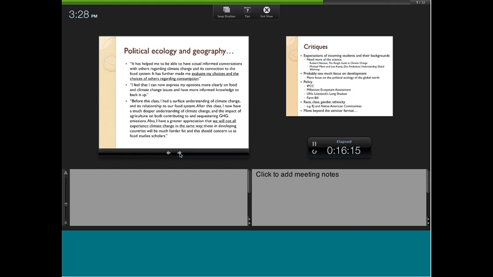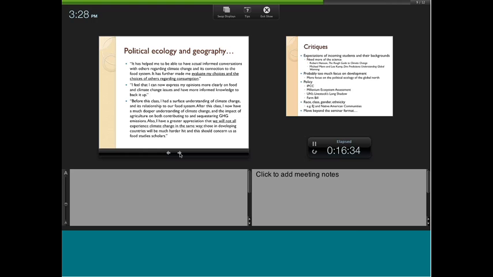So linking together their consumption behavior and choices and decision making to thinking about costs and benefits, and you see that reflected in this bottom statement where we talk about how we will not all experience climate change in the same way.